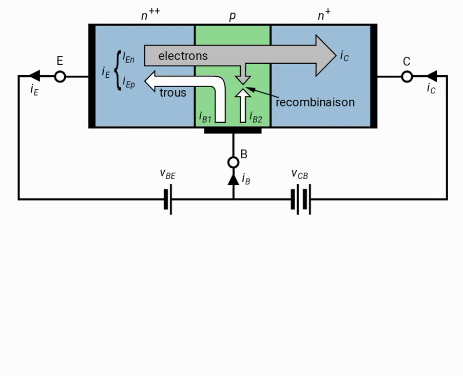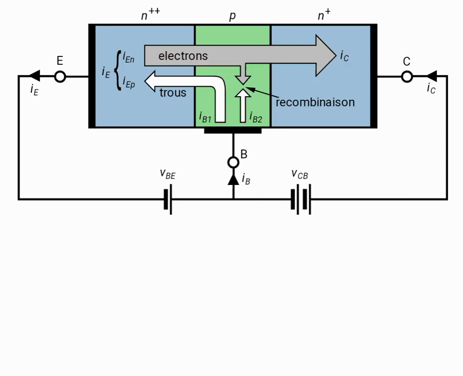Now from the physics point of view, we'll say that the direction of current is opposite to the flow of electrons. So you see this arrow indicates the electrons flow from emitter towards the collector, and some portion of the total emitter electrons recombine with the holes in the base region.